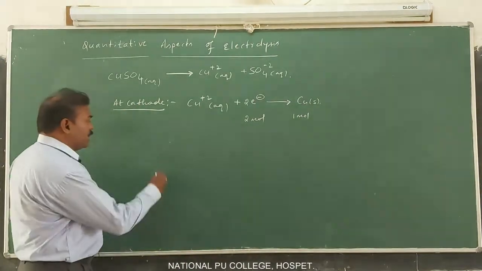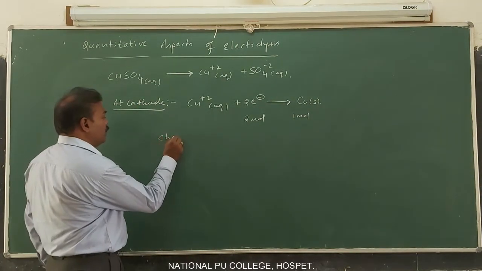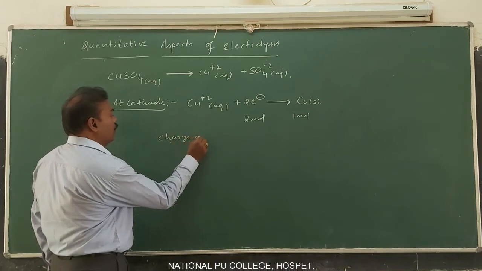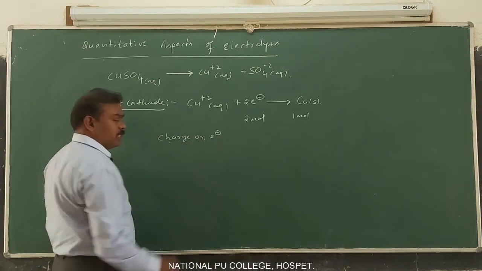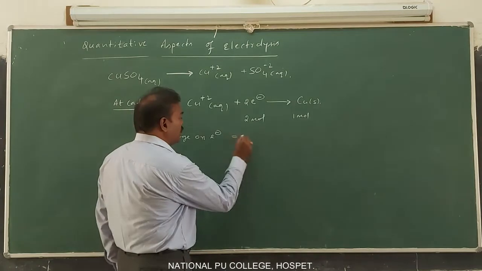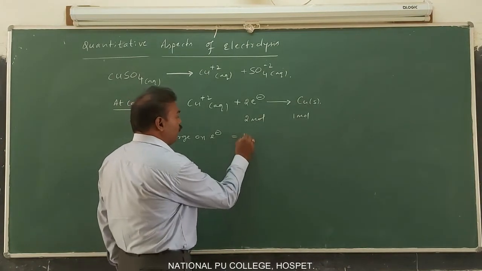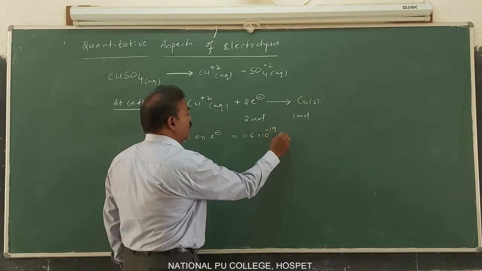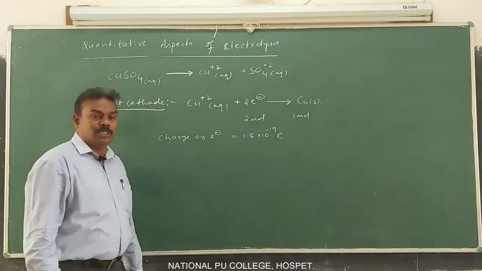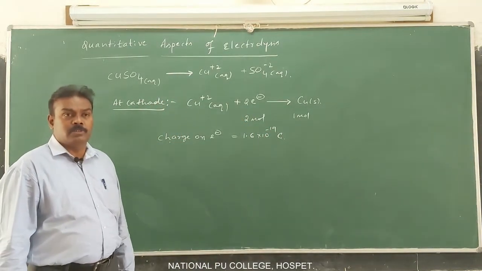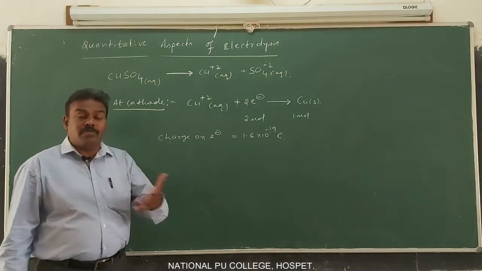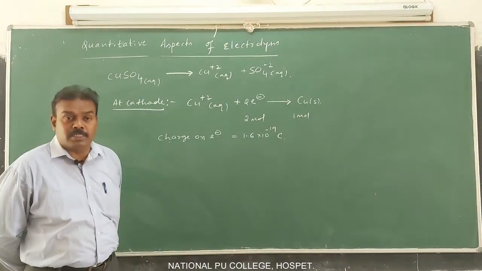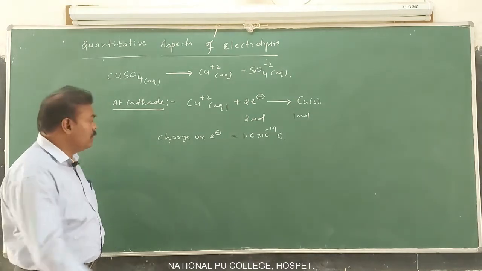Suppose the charge on an electron is 1.6 into 10 to the power minus 19 coulomb. This is the charge on the electron. What is the charge on 1 mole of electrons?